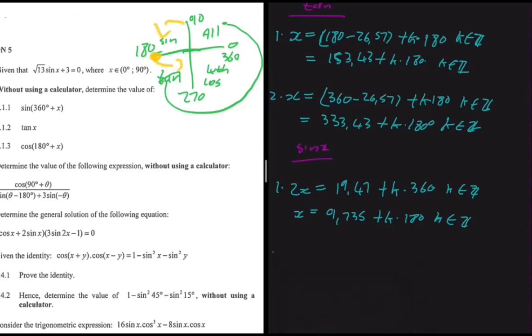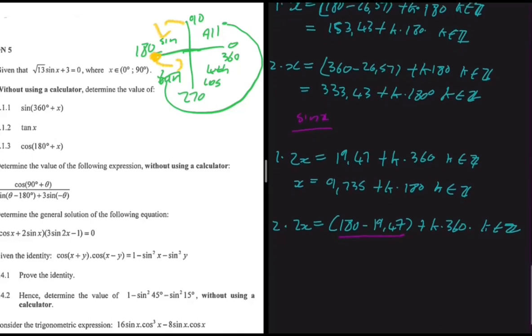And then let's move to the second quadrant, because sine is also positive there. We're going to get 2x equal to 180 minus the critical angle 19.47 plus k multiplied by 360, k being an element of integers. Then we can just divide by 2 throughout.